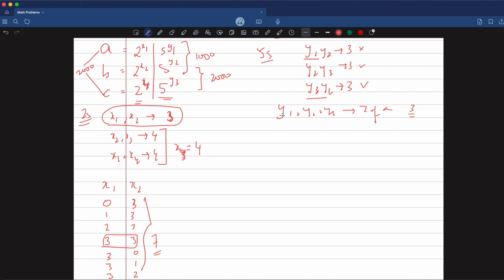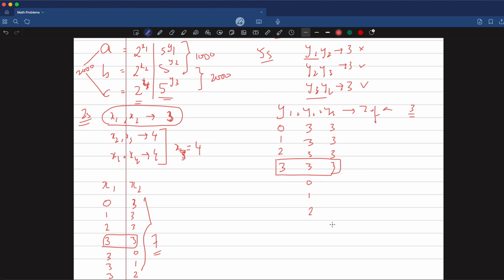So what are the different possible ways that we can reach this? We can think of it as y1 could be 0, 1, 2, or 3. And y1 can be 0 only if y2 and y3 both are 3. This is the only way you can achieve this. So this is your common condition, which applies whenever everybody is 3. It's also possible that y2 could be 0, 1, 2, or 3, but 3 is already counted.